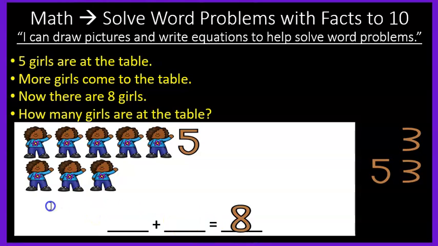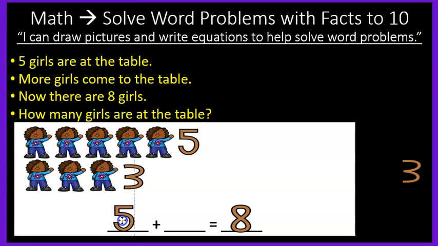Now boys and girls, how many girls are in this row? Let's count them. 1, 2, 3. So I'm going to put number 3 here. Okay, now all we do is we insert our numbers. 5 is already here.